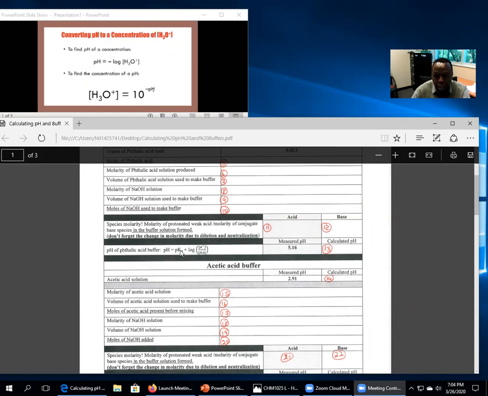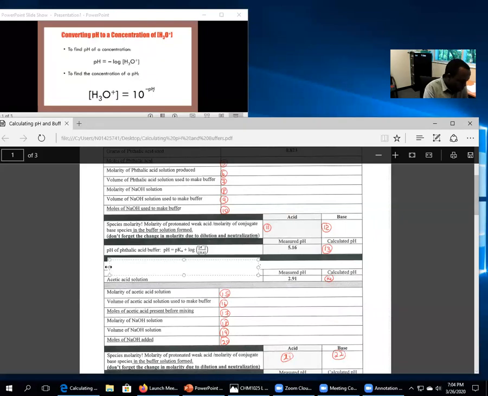pKa, all right, this is from, let me just give you an idea of what is going on right here, from page 149, or even the one we did before. You should be able to find the Ka from page 149.